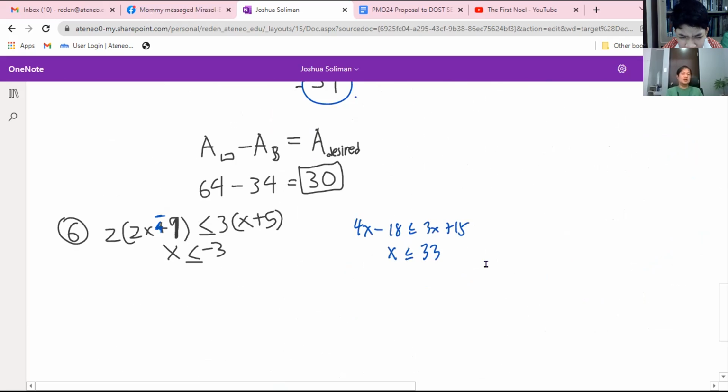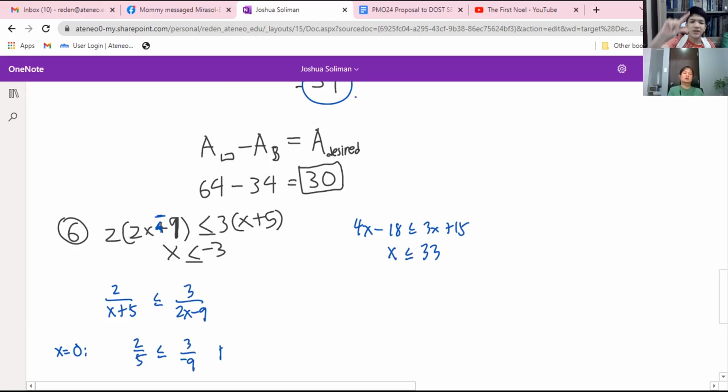Okay, so let me copy the original. 2 over x plus 5 less or equal to 3 over 2x minus 9. However, let me plug in 0. If it's 0, then it will be negative. Then I would be multiplying a negative number, and then the sign has to be flipped, or dividing by a negative number in other case.